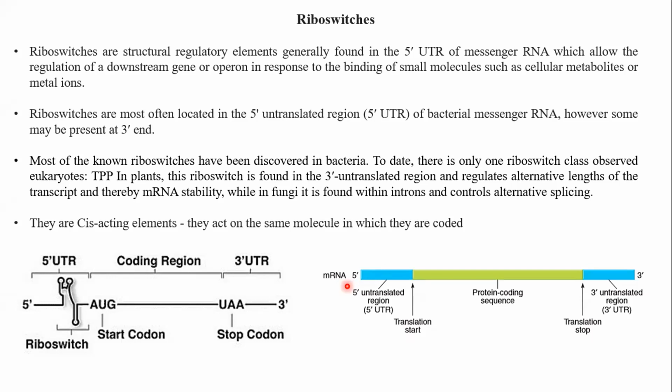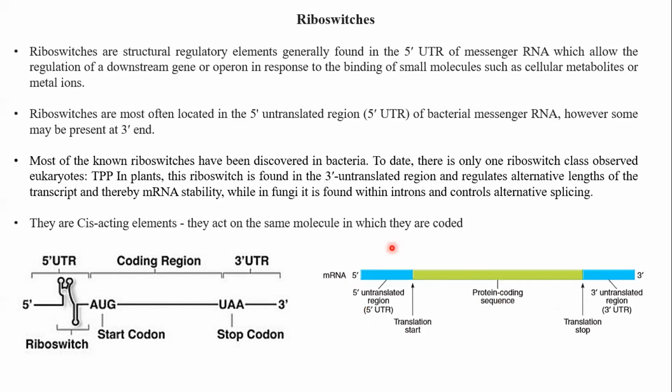Look at the second point. Riboswitches are most often located in the 5' UTR. Now here in riboswitches, we will be talking about mRNA. Remember mRNA, and look at this diagram. You are familiar with this diagram now. This is the general structure of mRNA. So mRNA has 3 parts.